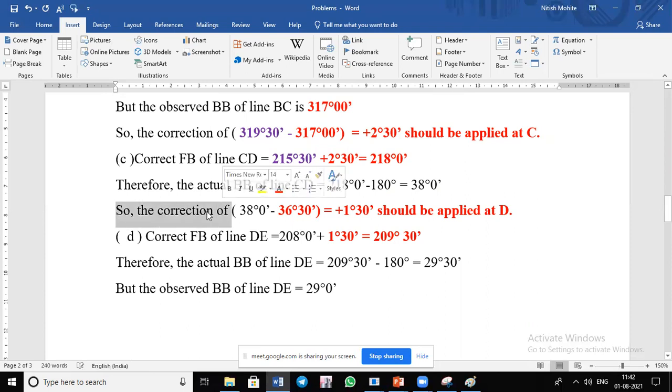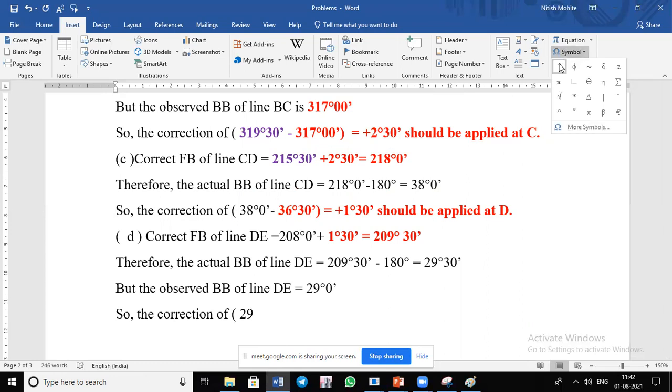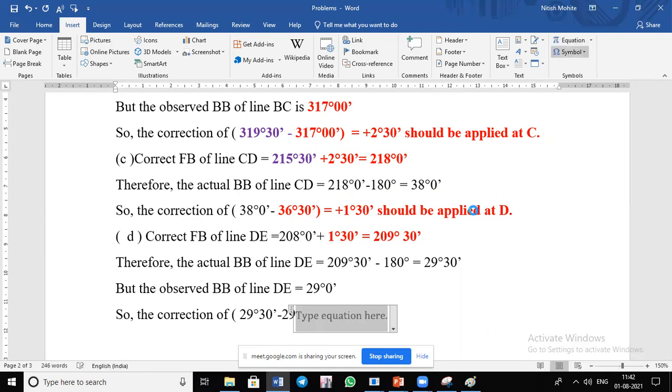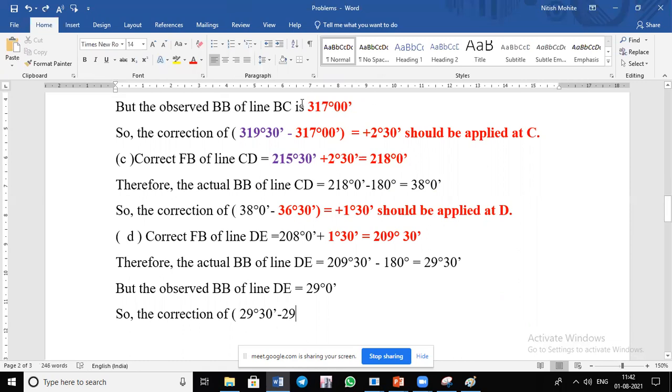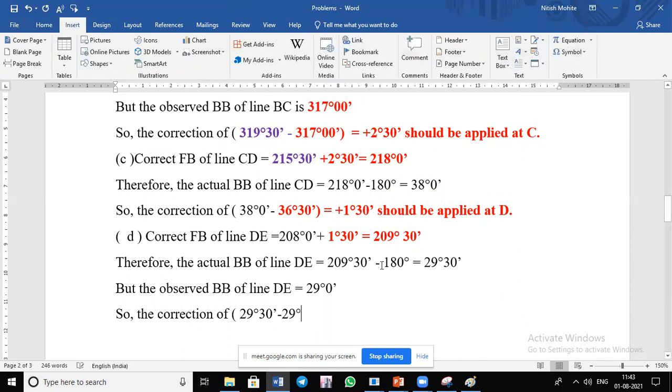So the correction, I'll again copy this, is this 29 degree 30 minutes minus 29 degree 0 minutes, which gives me 0 degree 30 minutes.